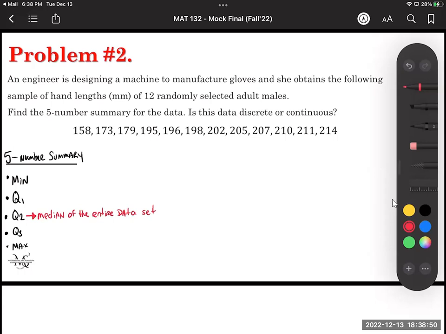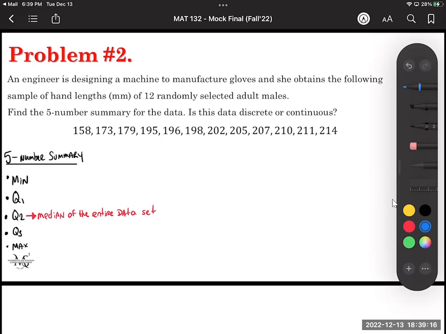Now, because Q2 is the median of the entire data set, it's the halfway point. That's another way of saying it. The halfway point, the 50% mark of your data set. And because it's the value that represents the 50% mark of your data set, half of the values are less than Q2, and the other half of the values are bigger than Q2.